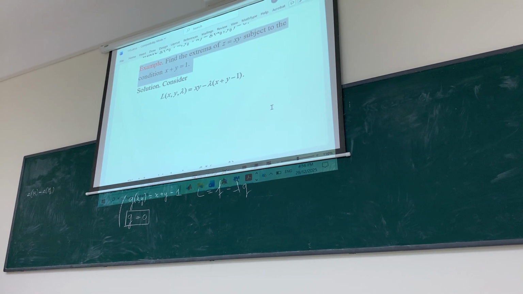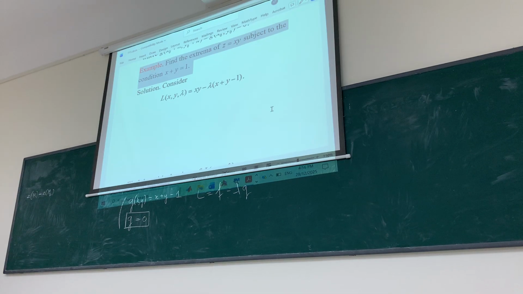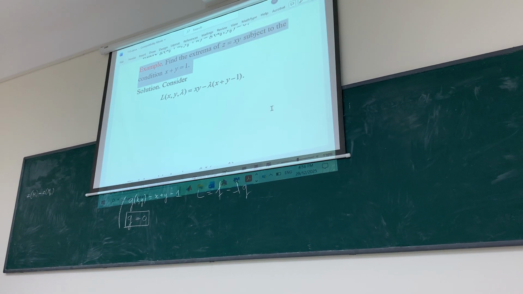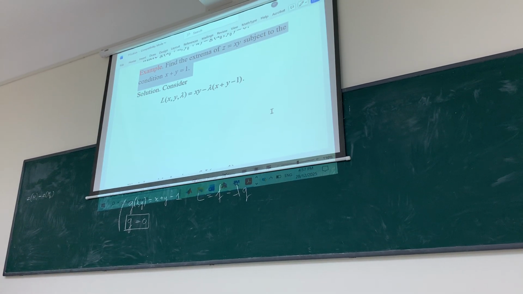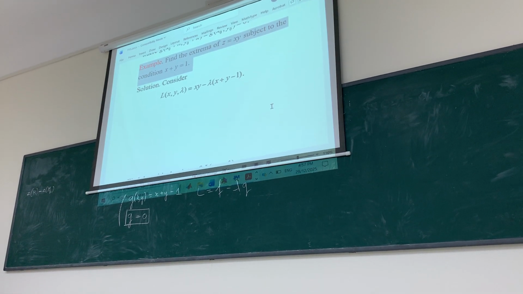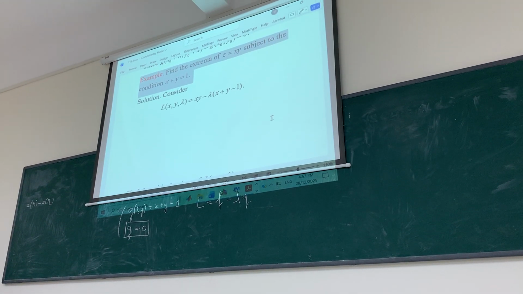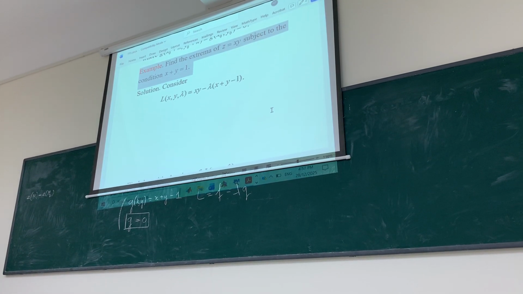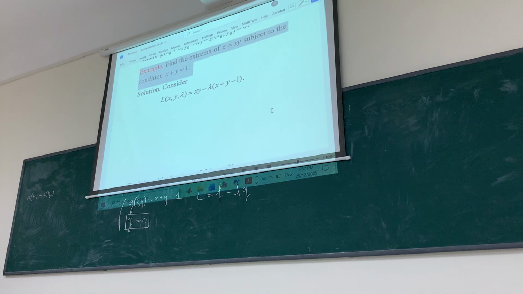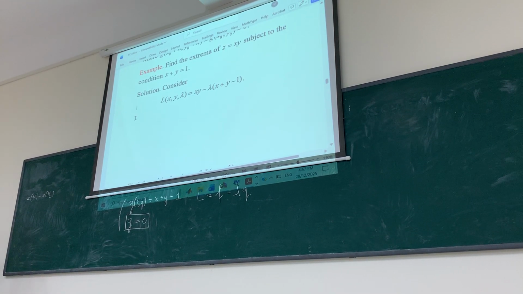Now follow the two steps above. What do we need to do first? First, we need to find the critical points of function L. Critical point means setting the first order partial derivatives of function L to zero.